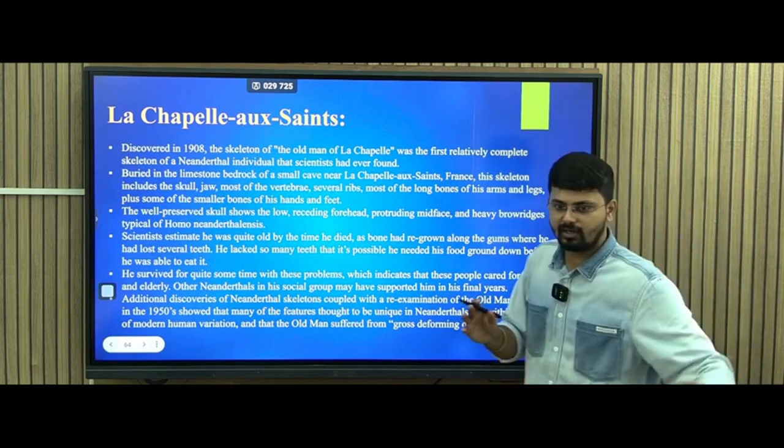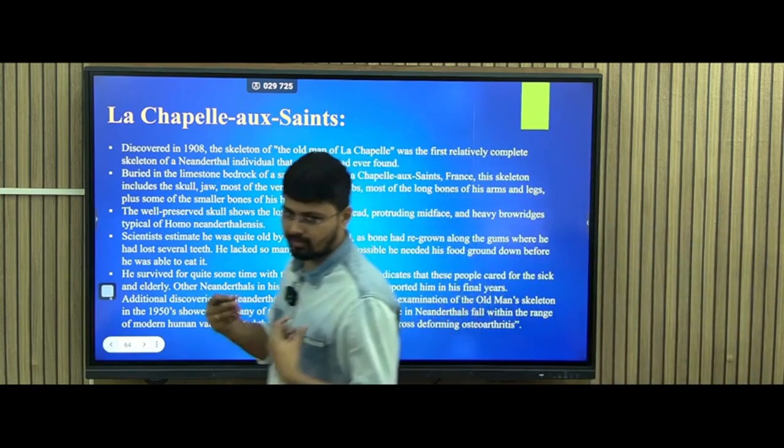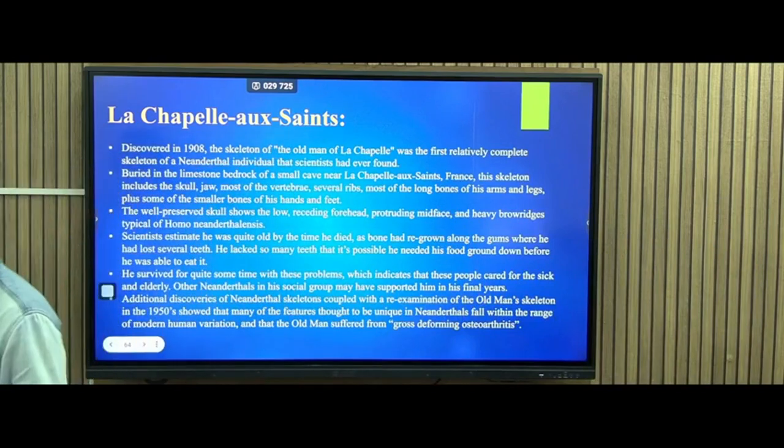Here what you need to understand is that some fossils have been found, like arm and leg bones and some other bones with respect to the rib, and from there they tried to find out what exactly had happened.